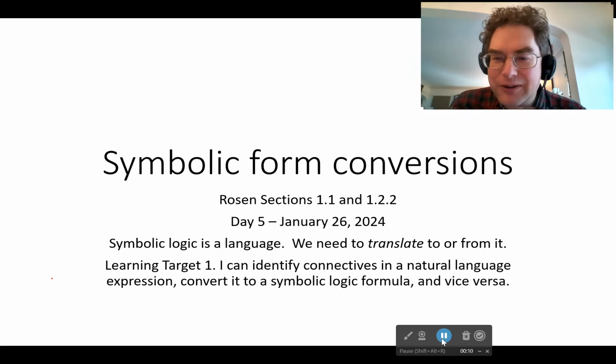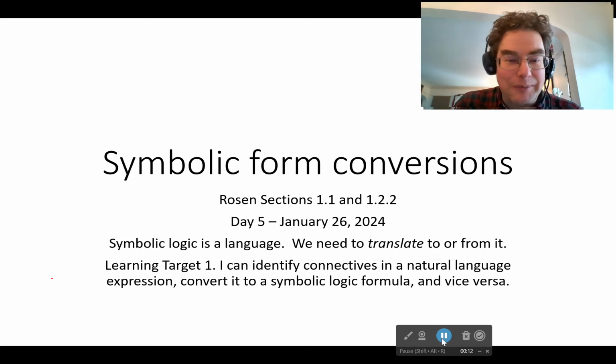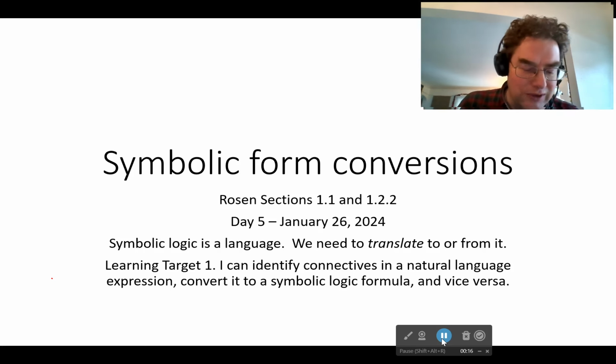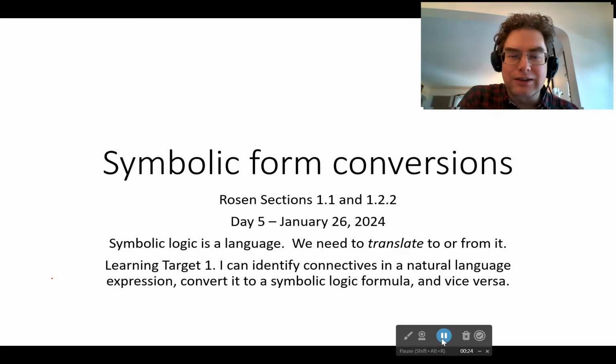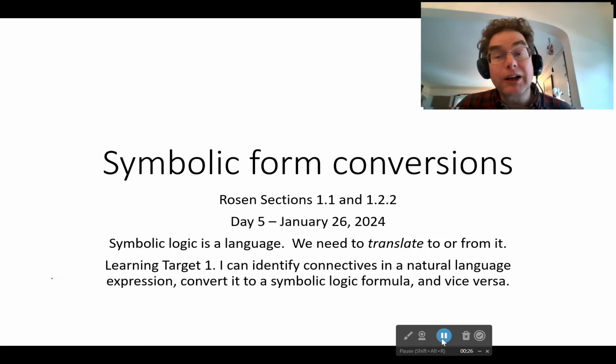So, if I've already mentioned this, I'm happy to harp on it again. Symbolic logic really is its own language. And when we want to convert from natural language to symbolic logic or vice versa, we are doing a language translation. Now, language translation has a lot of aspects of an art to it, not just purely science.